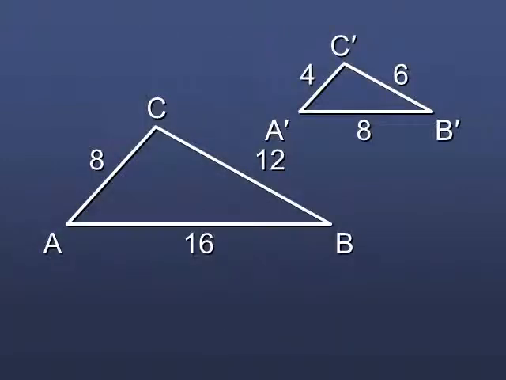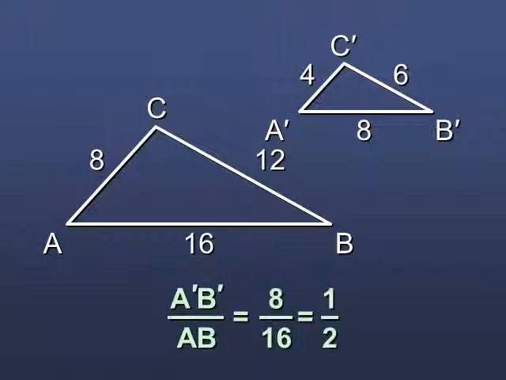Now let's apply this to triangles. So if I have A prime B prime proportional to side AB, that means 8 is to 16 as 1 is to 2, which makes sense because 8 is half of 16.